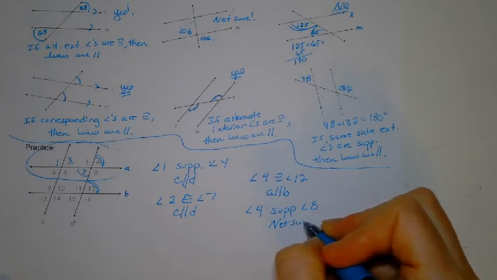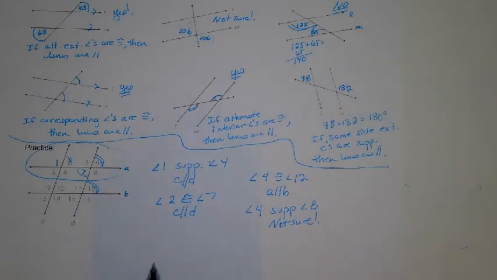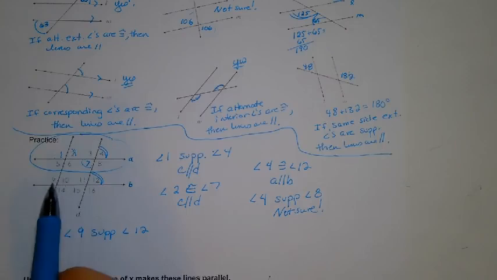Okay, let's say angle 9 is supplementary to angle 12. So this time we're looking at angle 9 and 12. This one, let me get a different color, this one and this one.